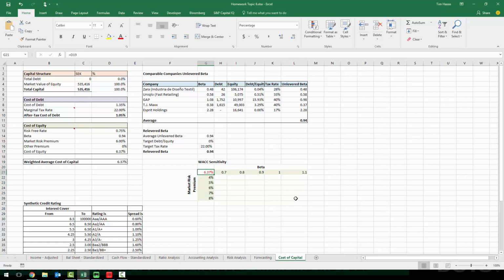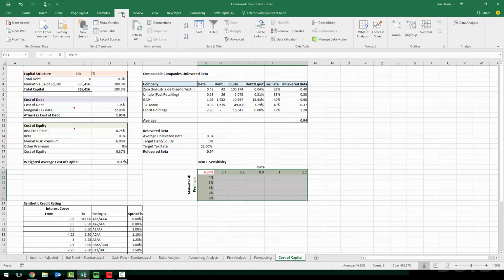So what I need to do first is highlight the data table that I want to populate. I go to the data tab, what-if analysis, data table, and then it will ask you to put in a row input cell, which is the market premium. So I put in the market premium cell, which is cell D15 in the WACC calculation.